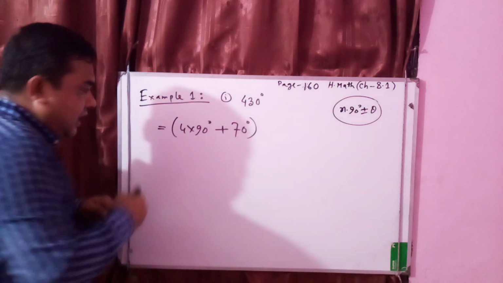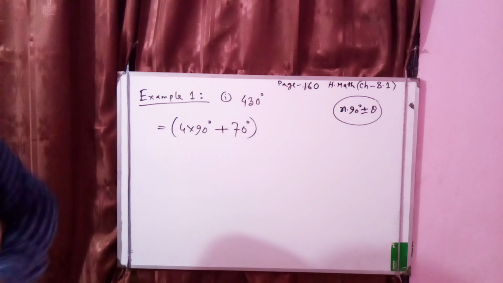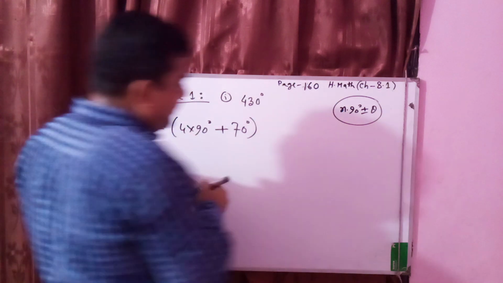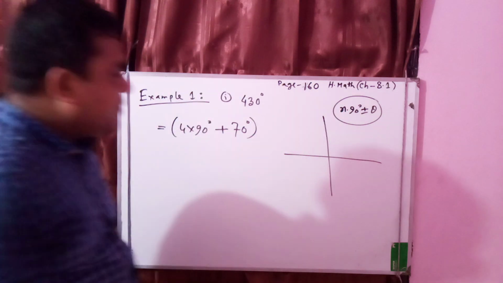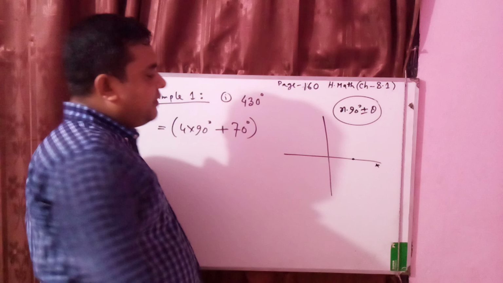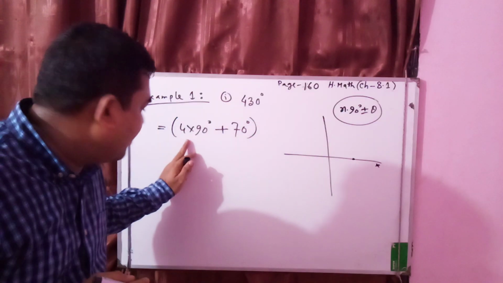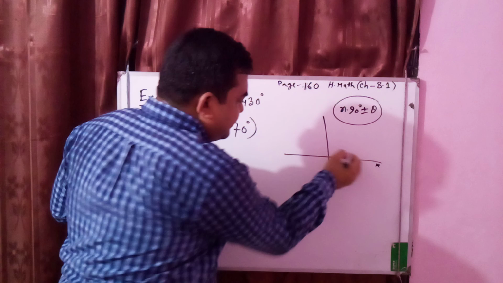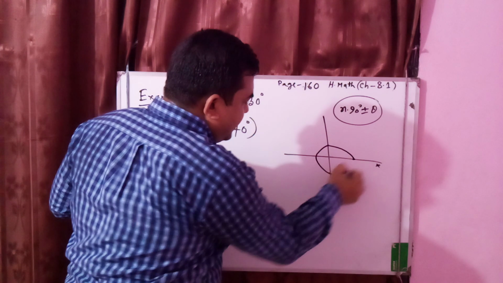Now we see in which quadrant it stays. First we draw the quadrants. The starting point on the positive x-axis is here. What is the value of n? 4. So it moves 4 times: number 1, 2, 3, 4.